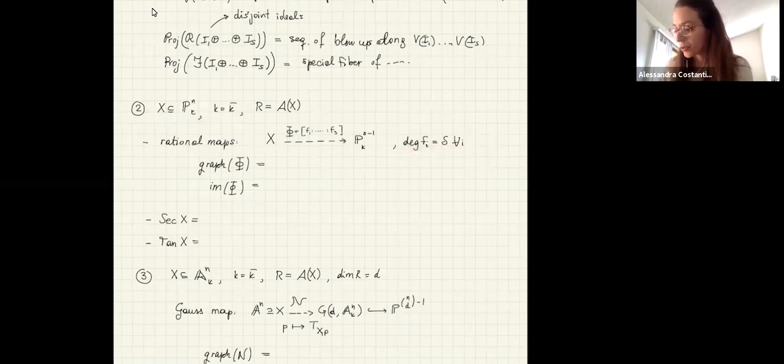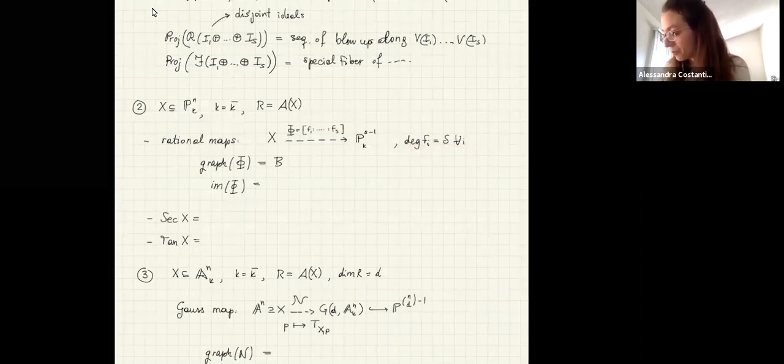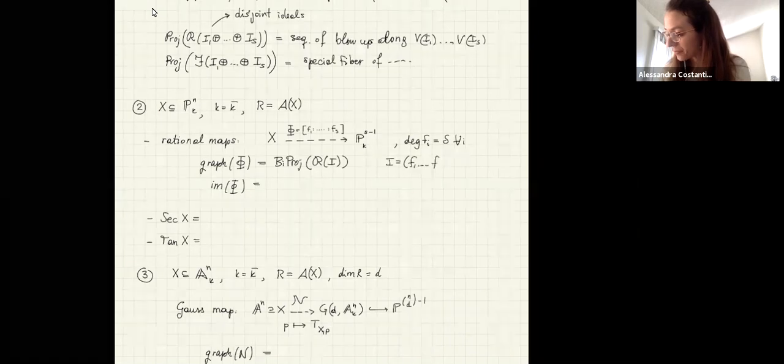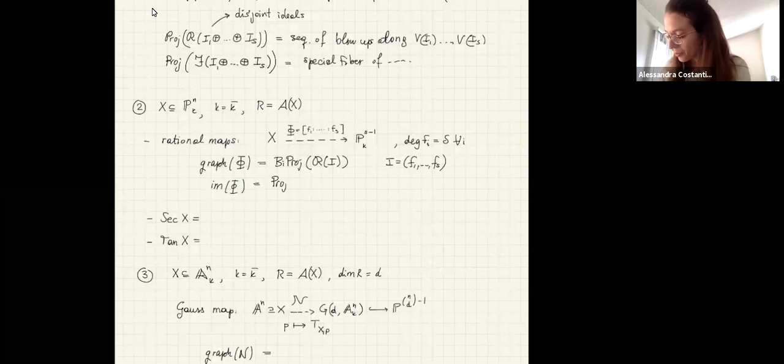In this case, the graph of phi is going to be the biprojective spectrum of the Rees algebra of I, where I is the ideal generated by all of my F's. And the image is going to be the projective spectrum of the fiber cone.